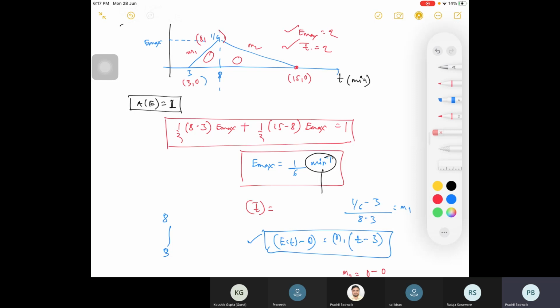Is my m1 value correct? No, sir. It should be 1/6 minus 0 upon 8 minus 3, change in x.